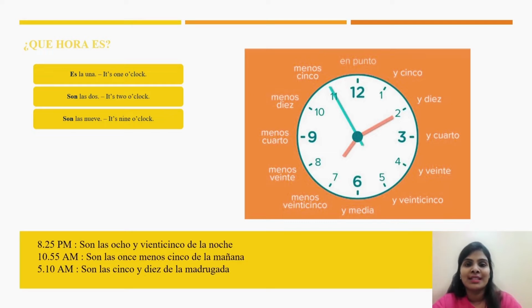So if we have to tell the time, as in the second example, which says 10:55, it would be 5 minutes to 11, the correct way of speaking in Spanish, which will be son las 11 menos, which is minus 5.